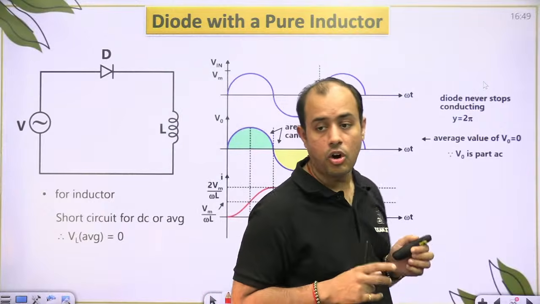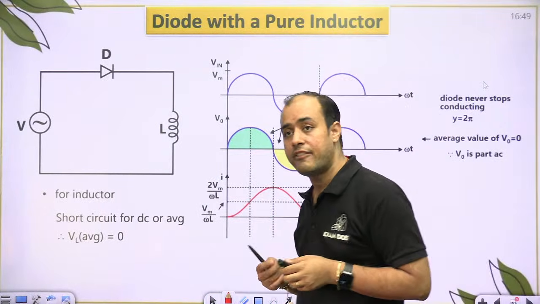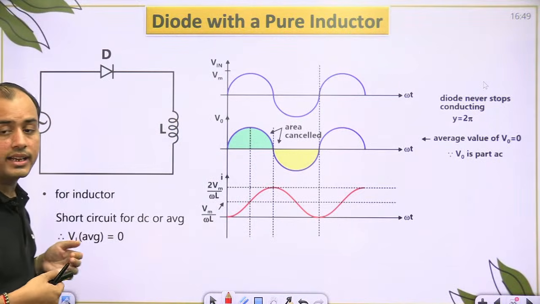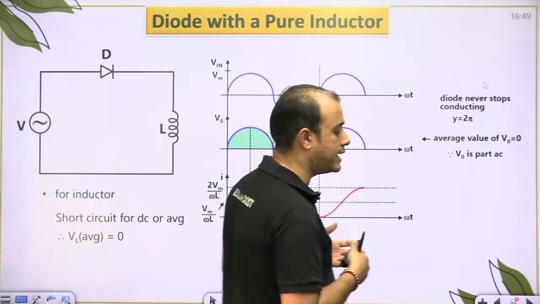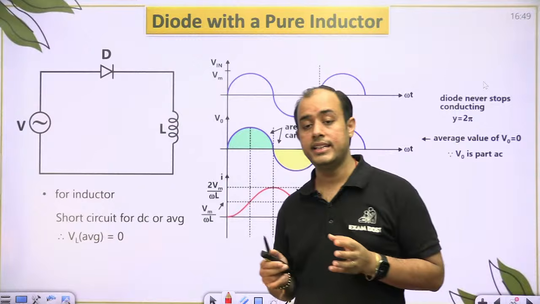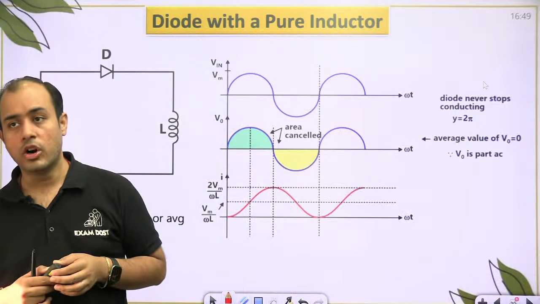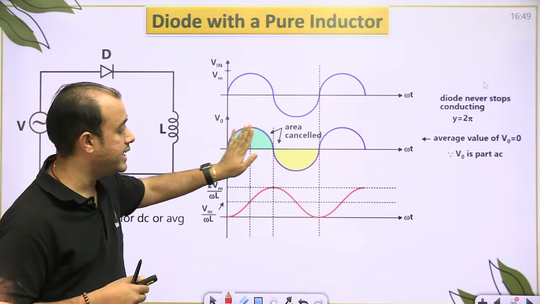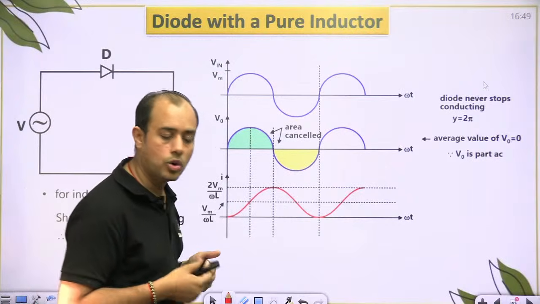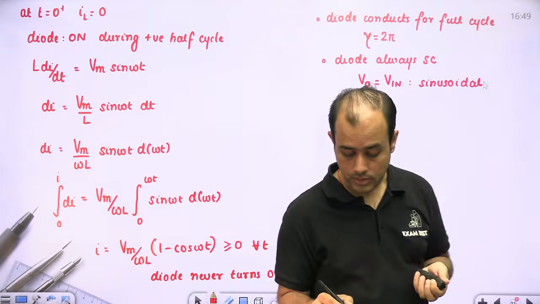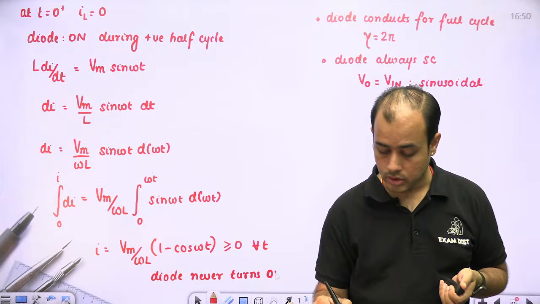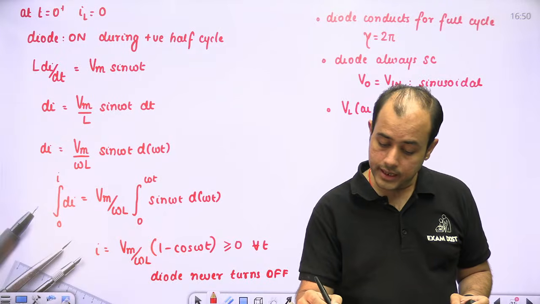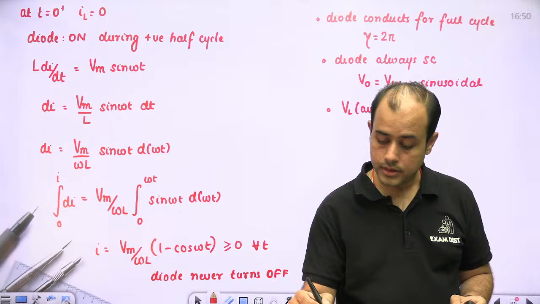ठीक है? Now always remember, for DC or average value, inductor should behave as short circuit for DC. Short circuit माने the DC voltage across the inductor should be zero. इंडक्टर का डीसी या एवरेज वोल्टेज जीरो रहेगा, फॉर विच बेटा पी नॉट एरिया शुड बी जीरो. नाउ यू कैन सी द ग्रीन एंड द येलो एरिया आर गेटिंग कैंसल्ड. तो एरिया इज जीरो. हाँ, डायोड नेवर टर्न्स ऑफ. ठीक है? तो ऑलवेज रिमेंबर VL एवरेज इज जीरो. ठीक है?